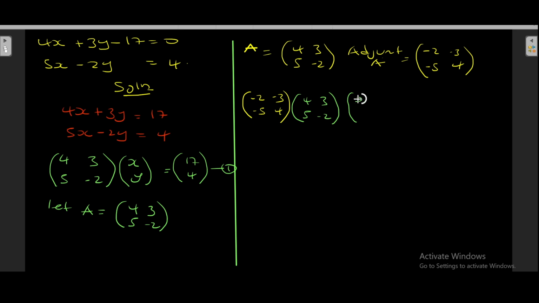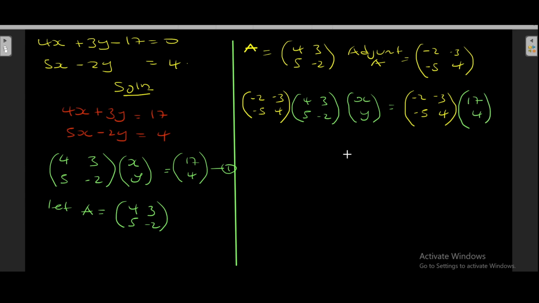This is going to be multiplied by x and y. Close the bracket, is equals to my adjoint here. In this case, it is negative 2, negative 3, negative 5, and 4. Close the bracket. I'm going to multiply it with my matrix, our matrix here, it is 17 and 4.